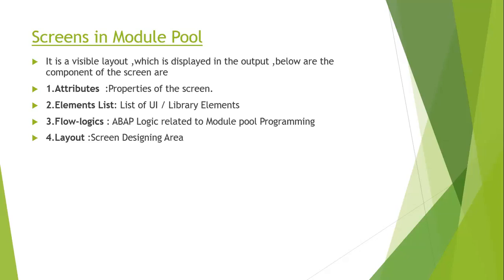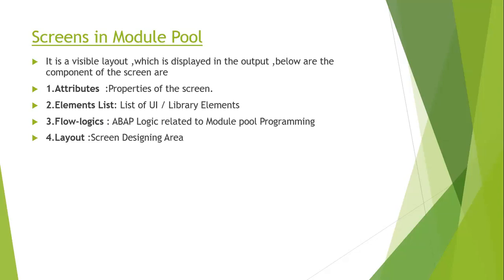How the ALV report shows multiple records, the same way in module pool programming you can take ALV as well as a table control. But whenever you are working on module pool programming, it is better to take a table control, because the table control will give you page up, page down, and a scroll bar also. So all these different functionalities you can get in the table control.